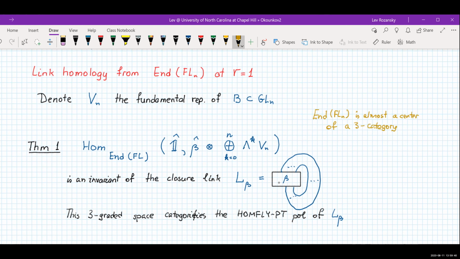Okay, so that's theorem 1, that we get link homology out of this braid representation. And theorem 2, in progress, is that this link homology is the same as the one derived from Soergel bimodules by standard construction.